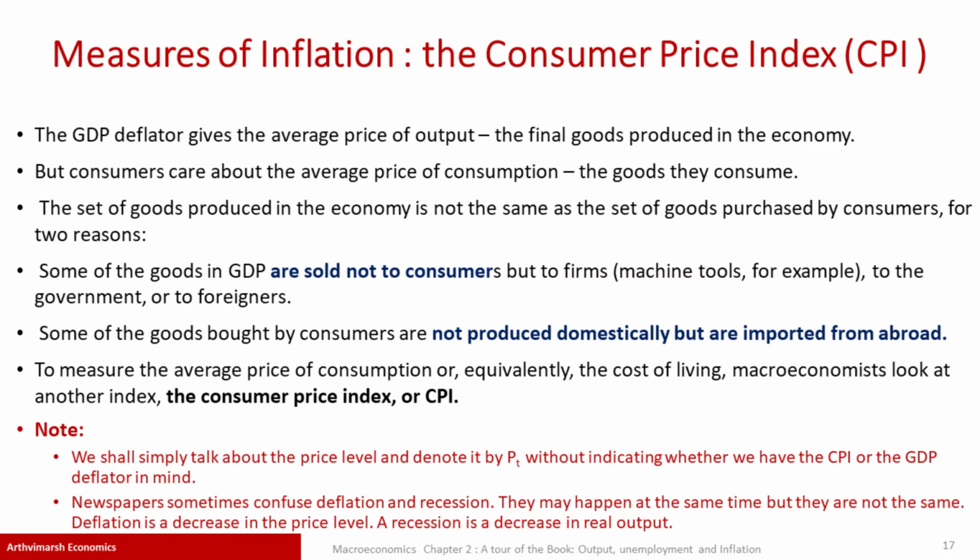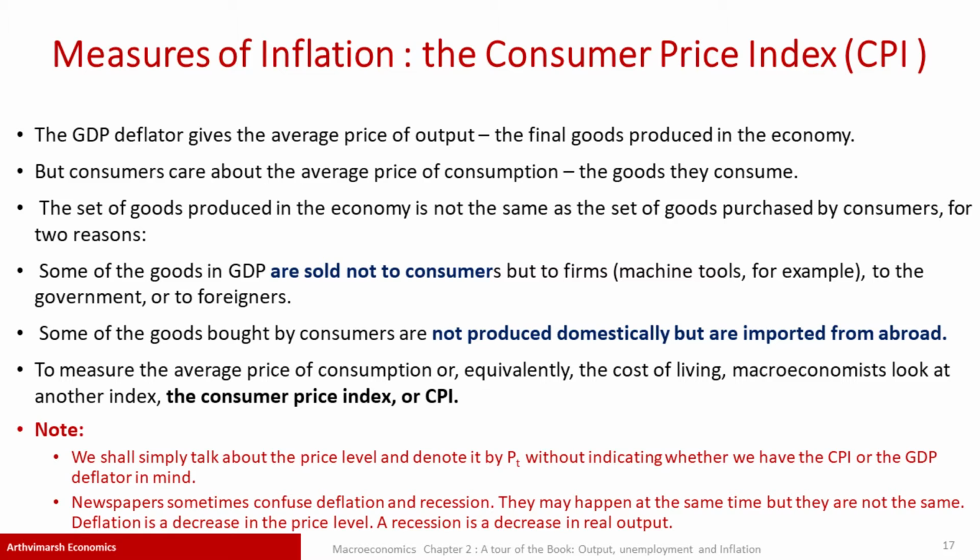Now, the GDP deflator gives the average price of output, that is, the final goods produced in the economy. But consumers care about the average price of consumption, that is, the goods they consume. The set of goods produced in the economy is not the same as the set of goods purchased by the consumers, because we know that demand and supply are never going to be in equilibrium.